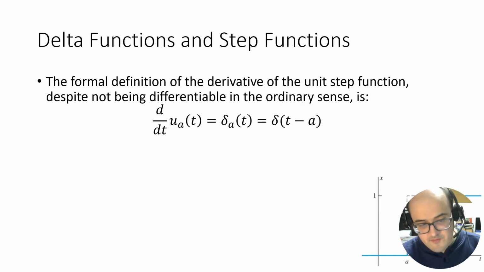So the formal definition of the derivative of this unit step function, despite not being differentiable in the ordinary sense, is that the first derivative with respect to t of u sub a of t is delta sub a of t, which is delta of t minus a.